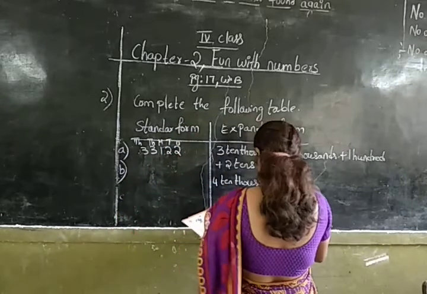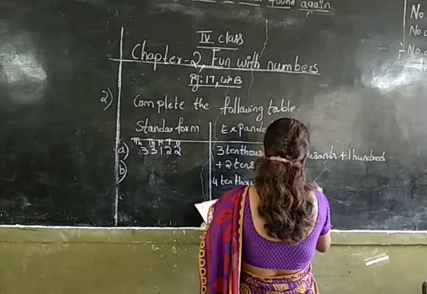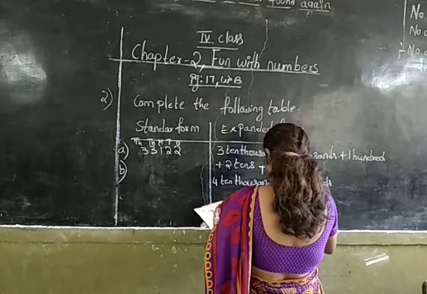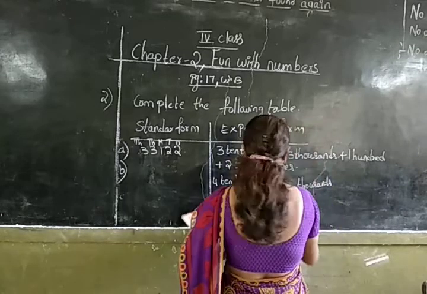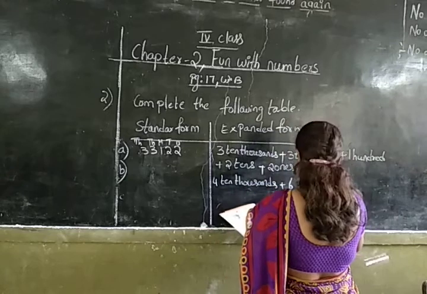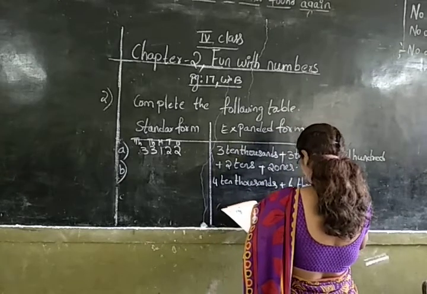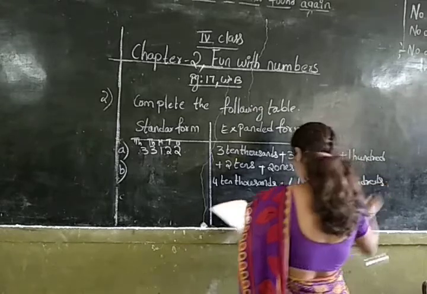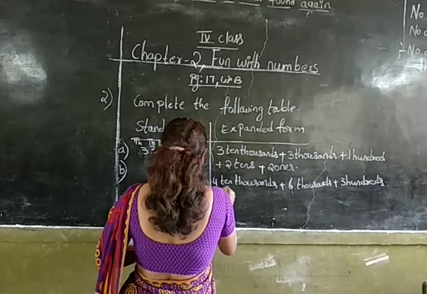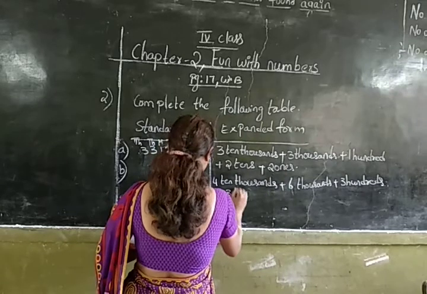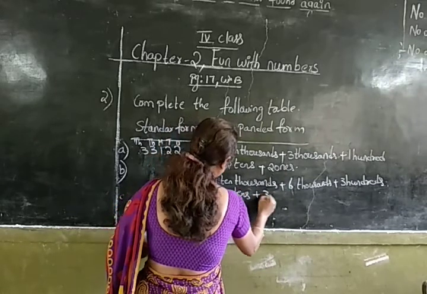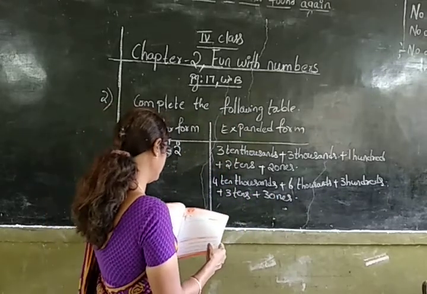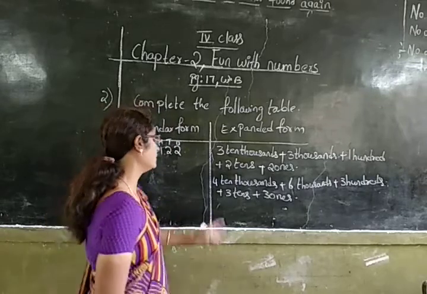Now you have to write the standard form of the number. 4 10,000s, 6,000s, 300s, 3 tens plus 3 ones. 4 10,000s, 6,000s, 300s, 3 tens, 3 ones.